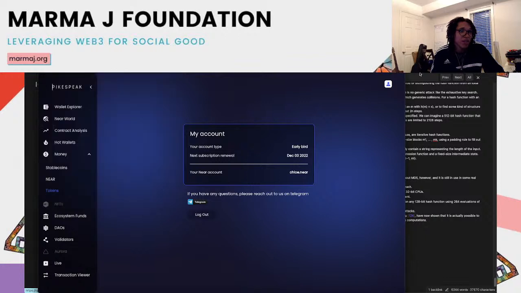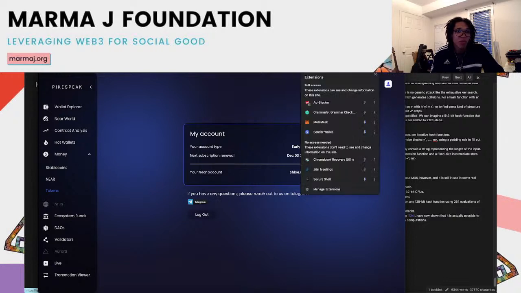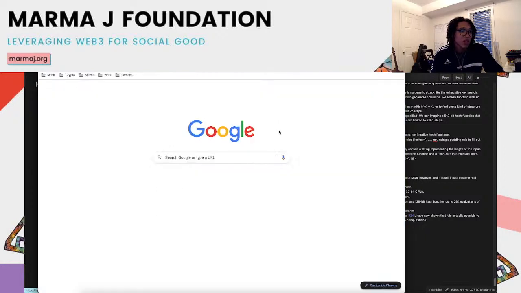Because it's obviously having a lot of issues. Let's do it. Remove from Chrome. Remove. I should have opened it first, right?